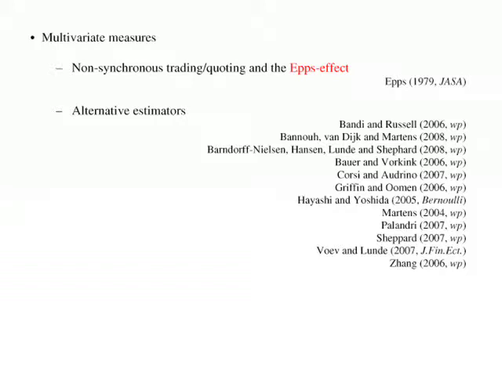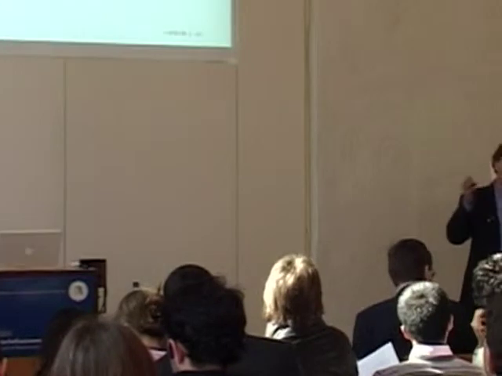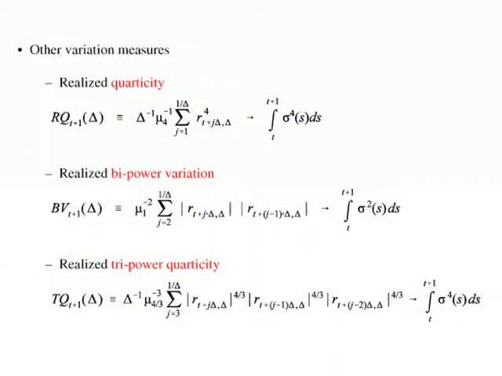Once you're estimating things like realized covariances with multiple assets, not only do you have to deal with the discreteness and the bid-ask bounce, there are also issues having to do with the fact that the prices of the different assets are not necessarily recorded at the same point in time, because the assets don't trade at the same time. There are going to be non-synchronicity issues across the different assets, and there are lots of different ways of dealing with that, and I think that's still an area where the best estimator is to be determined.